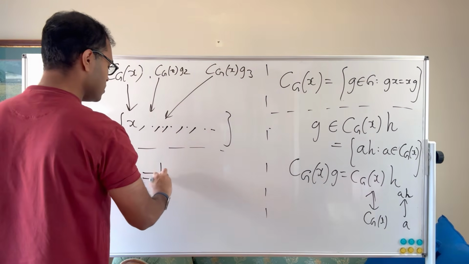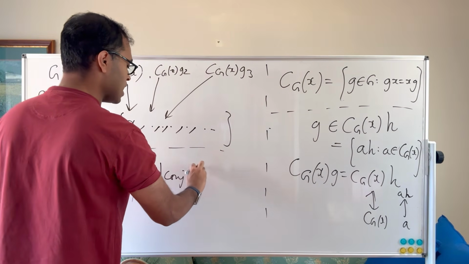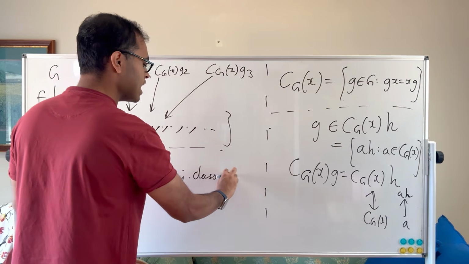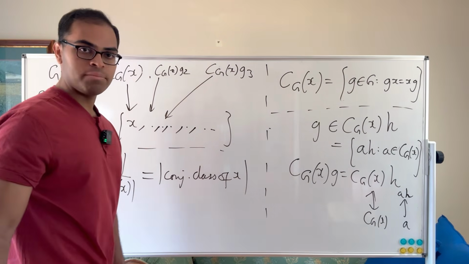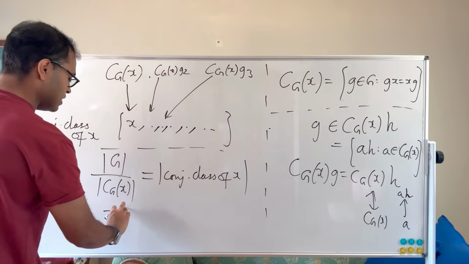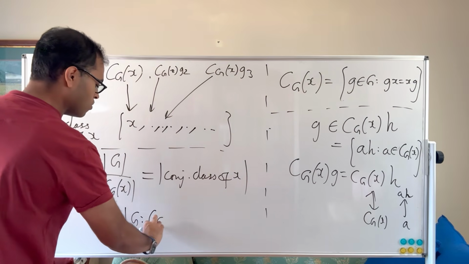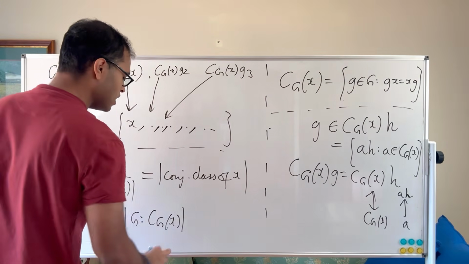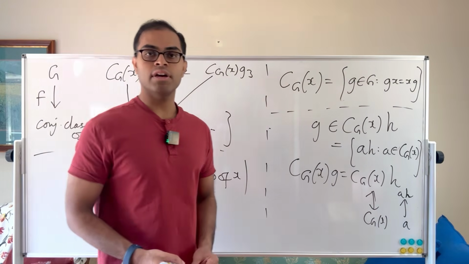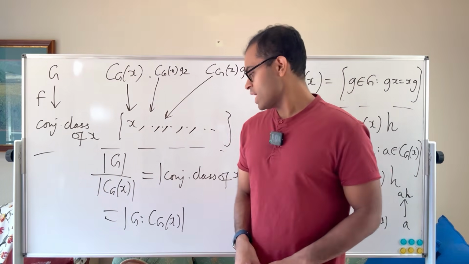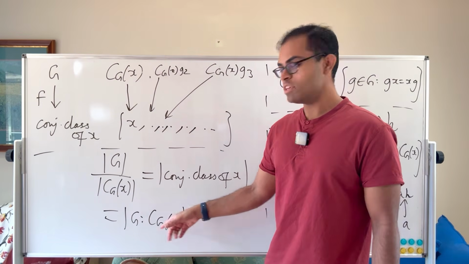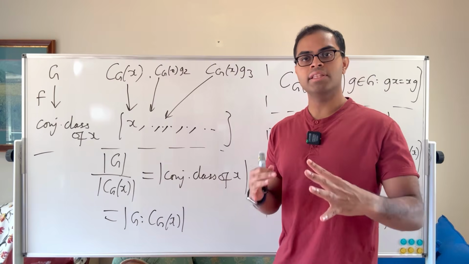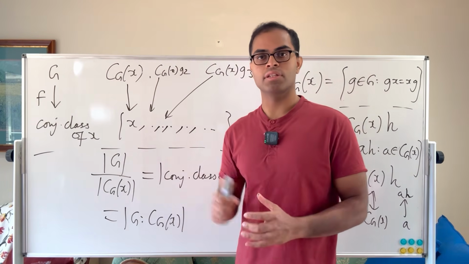That means that this is the size of the conjugacy class of X, and that establishes the class equation we had at the beginning. Another way of writing this is that this is the number of cosets of the centralizer of X in G, and there you have it. That's the class equation. And basically, when X is in the center, the centralizer is everything, and this is 1. So the center elements basically correspond to single element conjugacy classes.